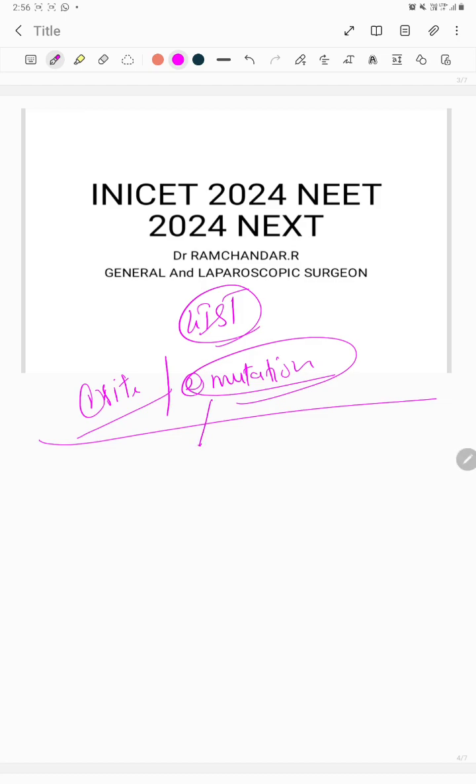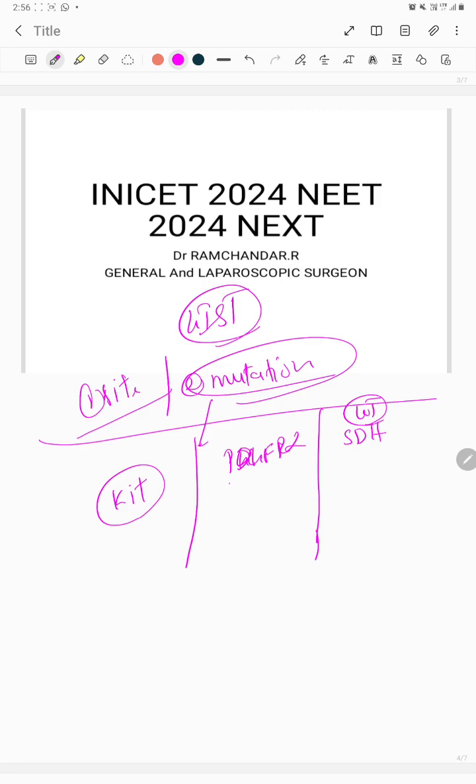So the mutations that occur in KIT and PDGFR alpha and SDH, that is the wild type KIT.